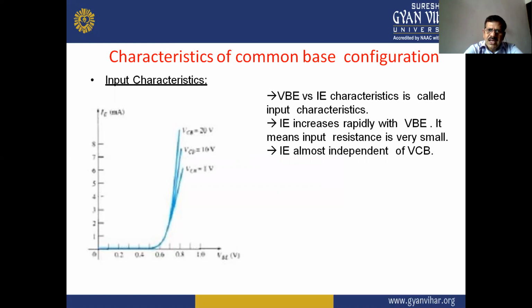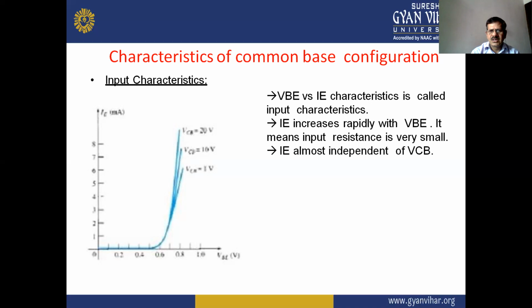IE increases rapidly with base to emitter voltage. It means input resistance is very small in these input characteristics of the common base, because here the emitter current increases rapidly with base to emitter voltage.